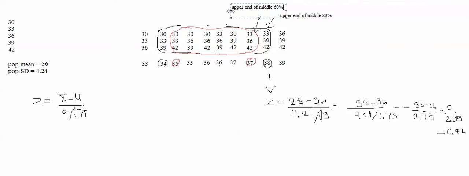We want to look at the highest sample in the middle 60%, which is this sample right here, because this sample is located right at this boundary point at the upper end of the middle 60%. We want to take the mean of that sample, which is 37, and plug it into the z formula.